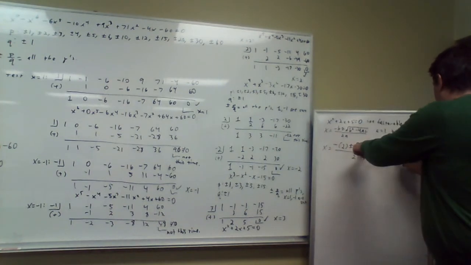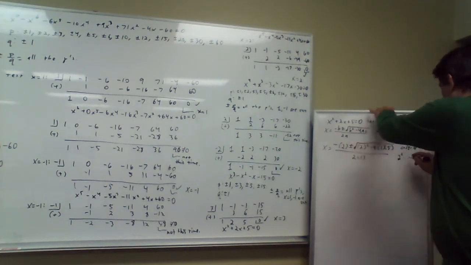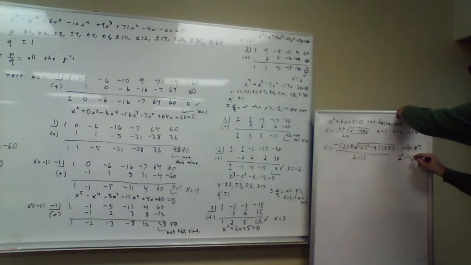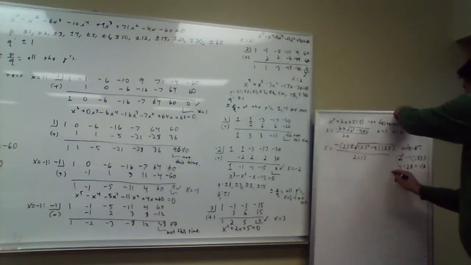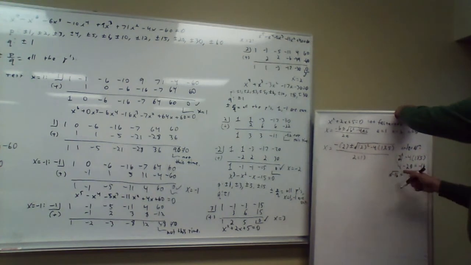That's going to be 2 squared minus 4 times 1 times 5. So we have 4 minus 20, that's negative 16. The square root of negative 16 is 4i.